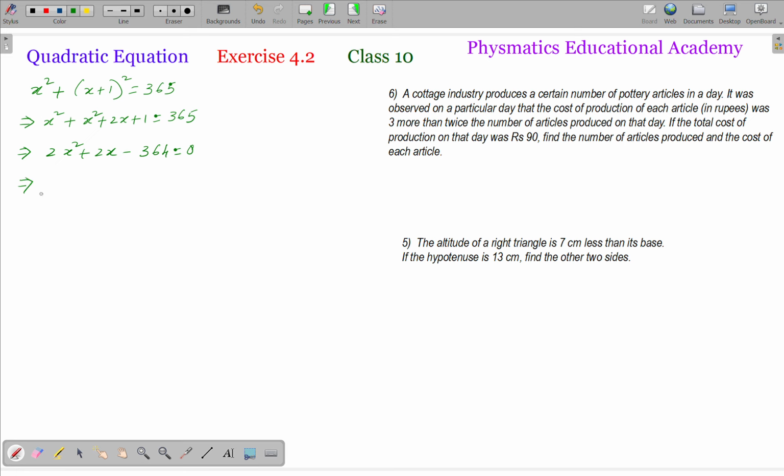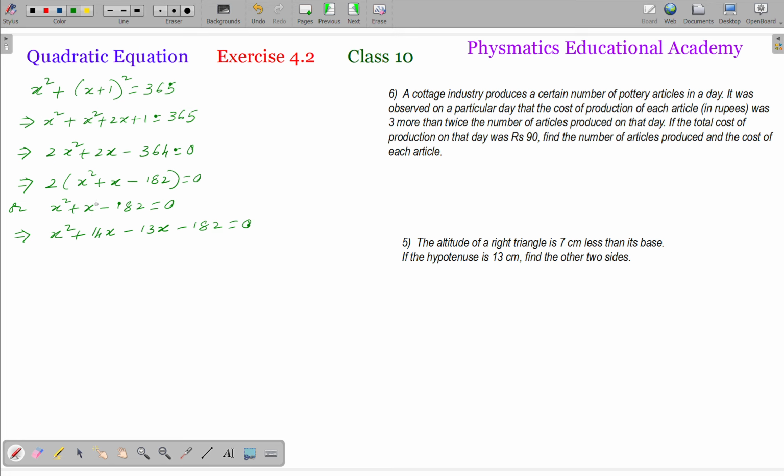That implies taking 2 as common, x square plus x minus 182 is equal to 0. Then further simplification, we will get x square plus 14x minus 13x minus 182 is equal to 0.